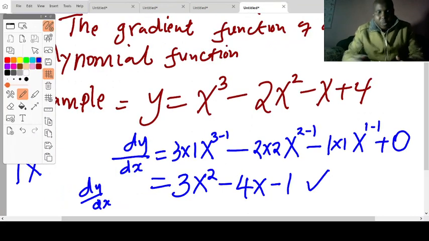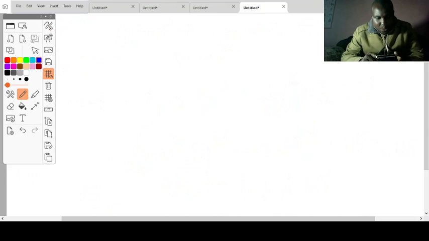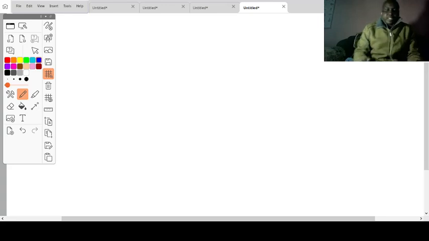Let me clean the whiteboard, and then we move forward to a very important thing now. We have talked about the derivative. Now we want to find the gradient of a function of a curve at a given point.